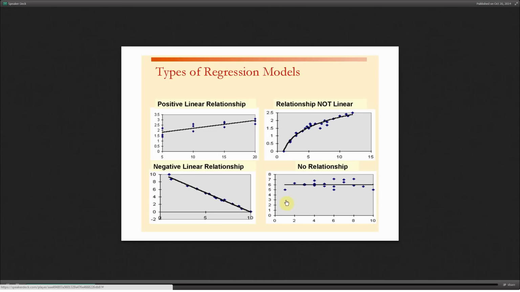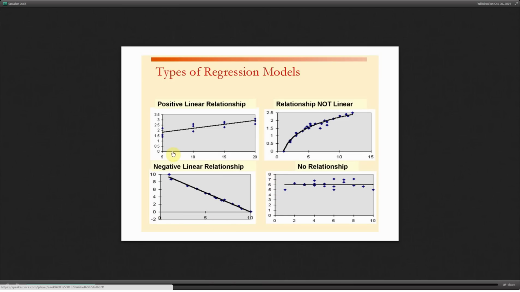And in the last lecture, we talked about the possibility that there really is no relationship whatsoever. This doesn't have anything to do with linear or nonlinear. It just has to do with the fact that changes in x, the independent variable, don't have anything to do with changes in y, the dependent variable.